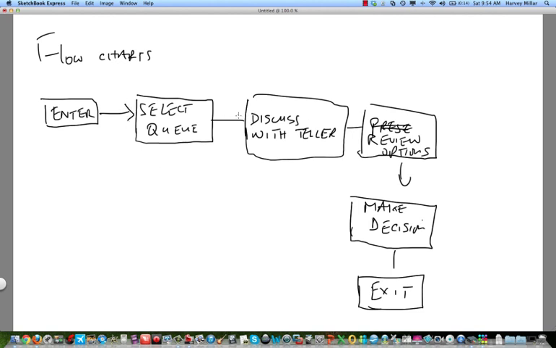You enter, you go into queue, and review the options, and exit. And just by analyzing, well, do we have sufficient capacity in our queues? Are the queues too long? What's causing that? Is the teller knowledgeable? So, hey, you want to look at waiting time.